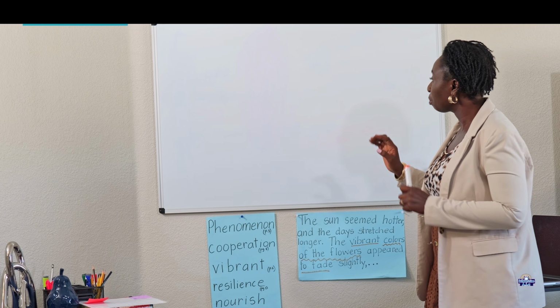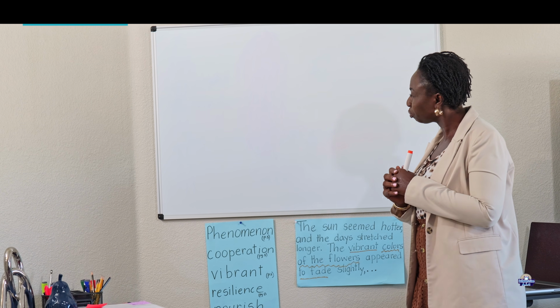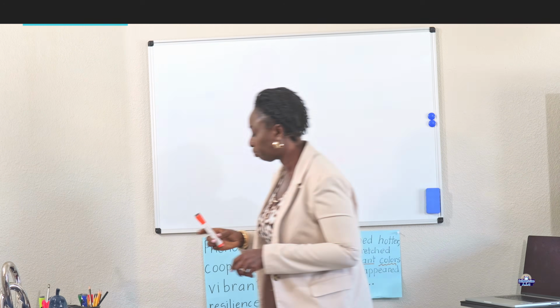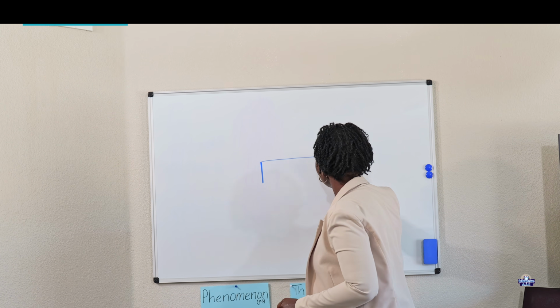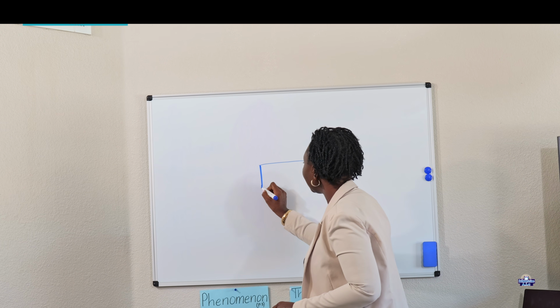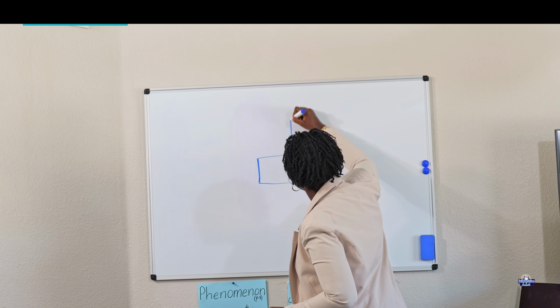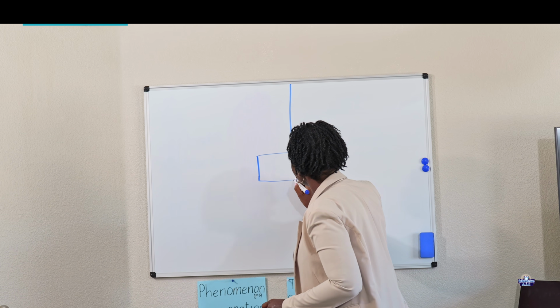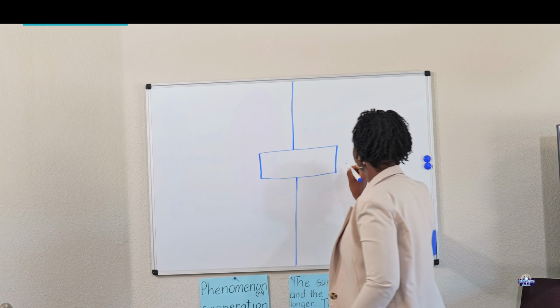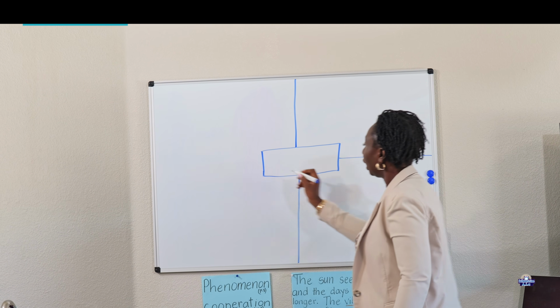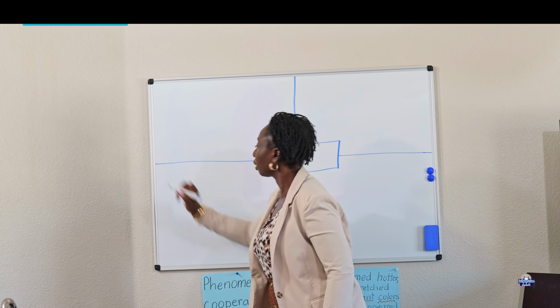Okay, I am going to create a Frayer model for this. I'm going to put a shape for the middle. It can be any shape you like. It could be a circle. Then I'm going to put a line going up, then a line going down, then a line going to this side, and then a line going here.